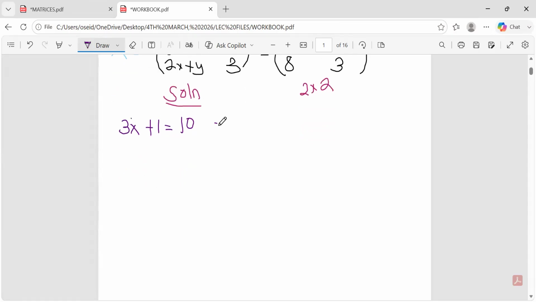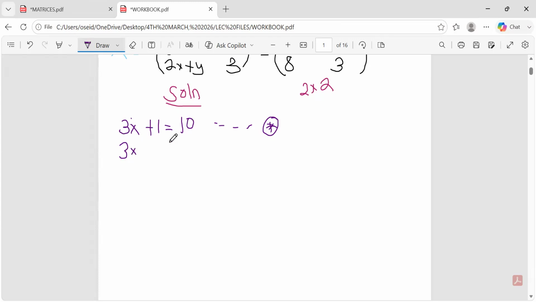Let's name it equation asterisk. We get 3x, then we group like terms.